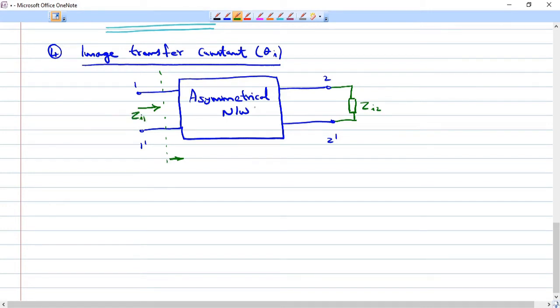Again we can define the sending end current Is and the sending end voltage Vs. Also we have the receiving end current IR and the receiving end voltage VR.